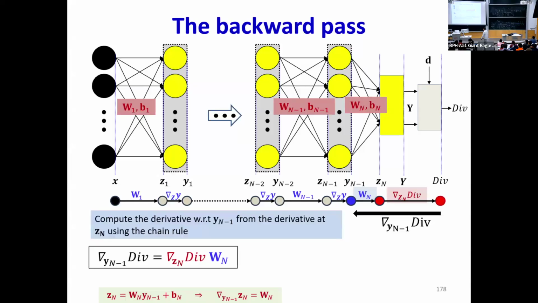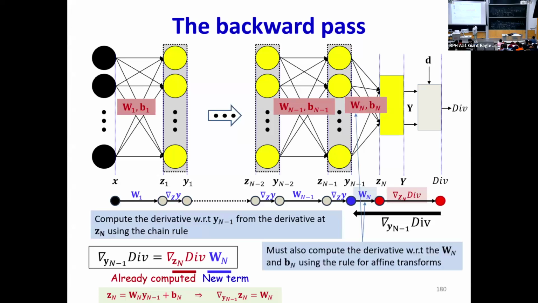And then one final thing: if I want to compute the derivative for the weight matrix and the bias, we just saw that if you have y going to z going to divergence, with the w, the derivative for this is y times the derivative of the divergence with respect to z.